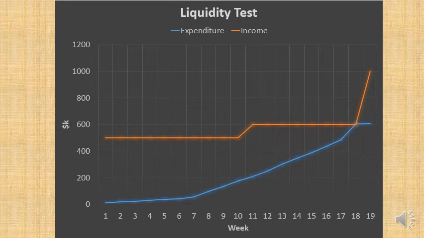It's because they don't look at liquidity, their ability to pay their debts on time. It's all very well if you're going to make a big profit in week 20, but if you can't pay your workers in week 15, then that's no good. You're going to go bust.